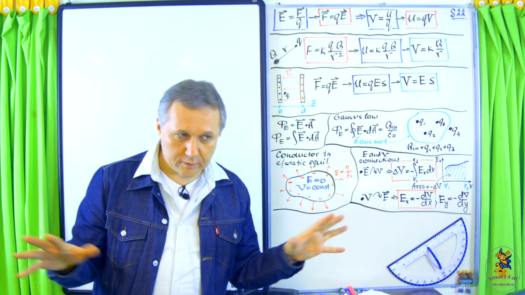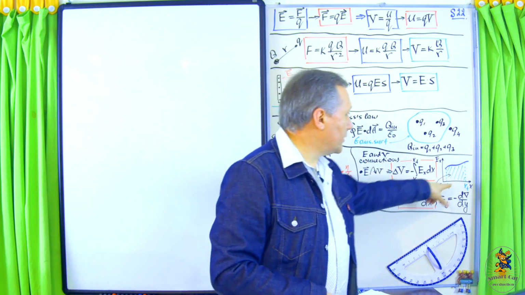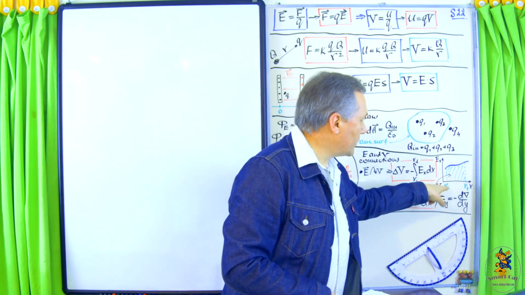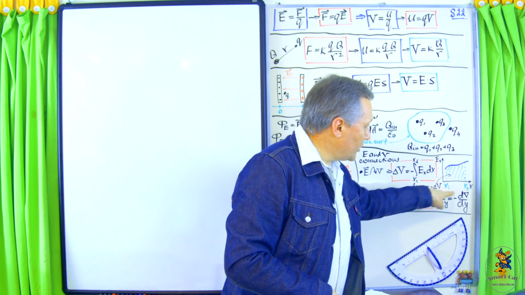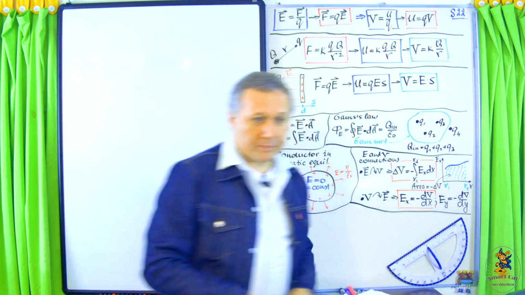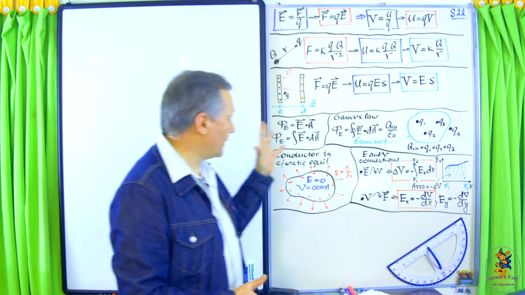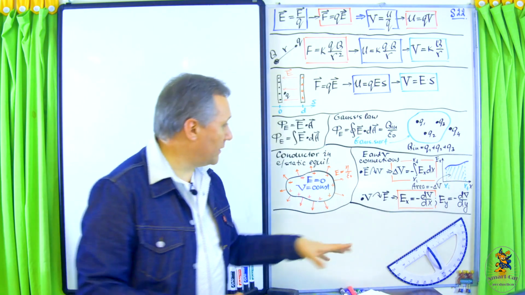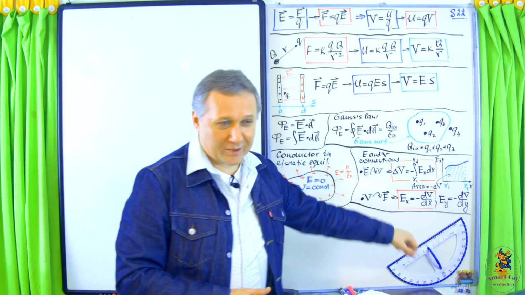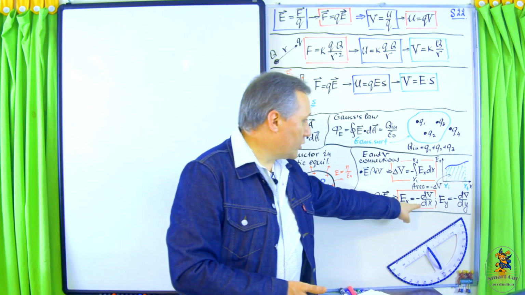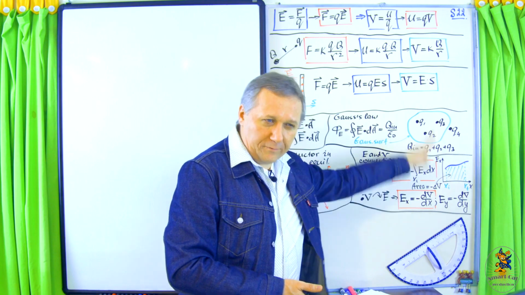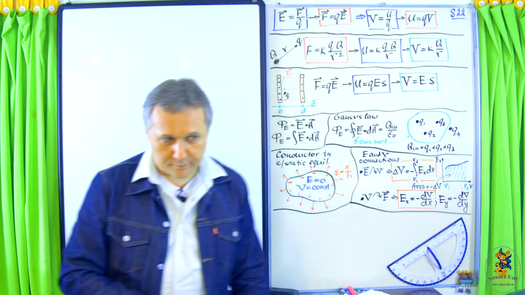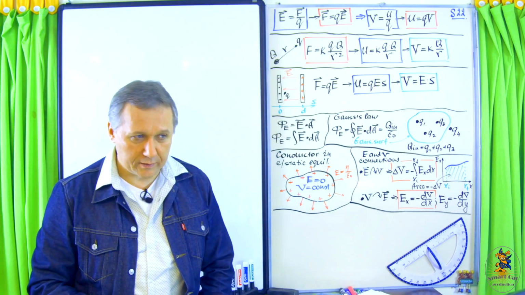Usually in this course, instead of calculating this integral, we just calculate the area under the curve. If you plot E sub x versus x, it's the area between the initial point and the final point, lower limit, upper limit, right? That's how we can find the potential difference between this and that point. If you want to move back from the electric potential to the electric field, and you have a plot of V versus x, it's just the negative slope of that curve at the particular point where you want to know the electric field.